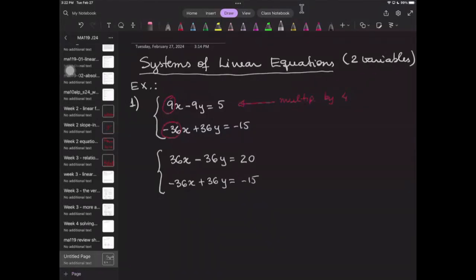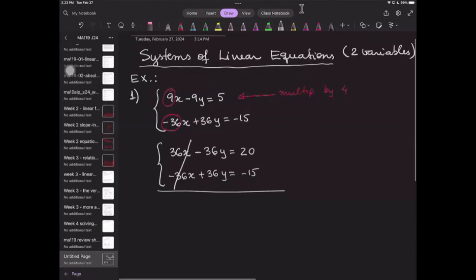Even though I want to cancel only x, you can see that my equations are going to end up canceling both x and y. When I add left side to left side, both x and y cancel because I have opposite coefficients, the numbers in front of those variables. So they add up to 0.